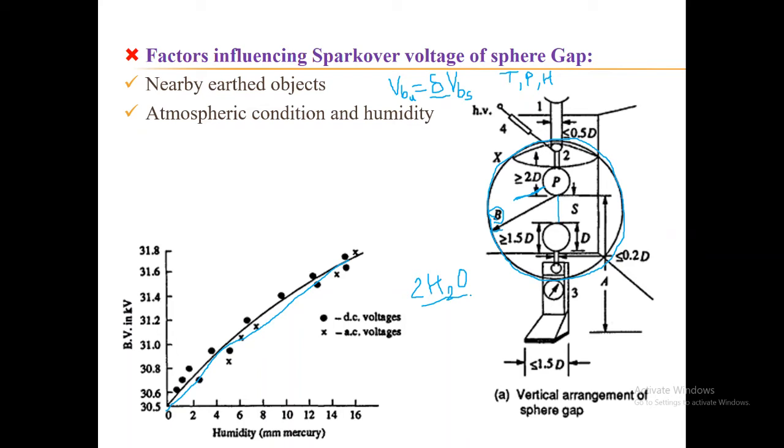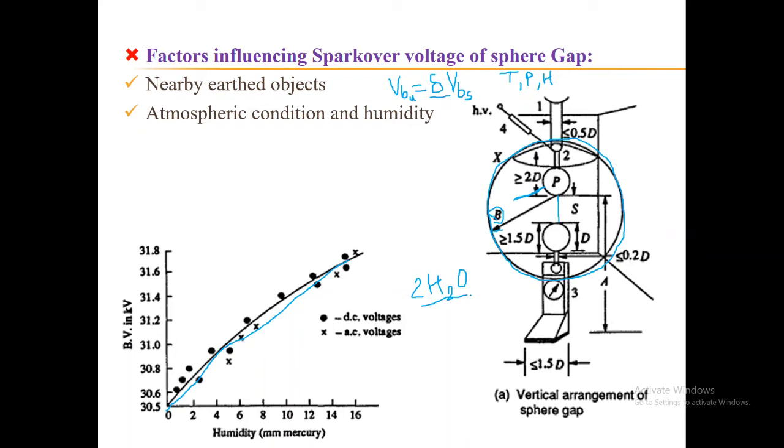Another justification can be based upon ice crystals, the solid particles. To break the molecular structure of those ice crystals, it needs a tremendous force. So these are the three possible reasons based on which you can say that the breakdown voltage increases with increase in humidity, but after a certain condition.